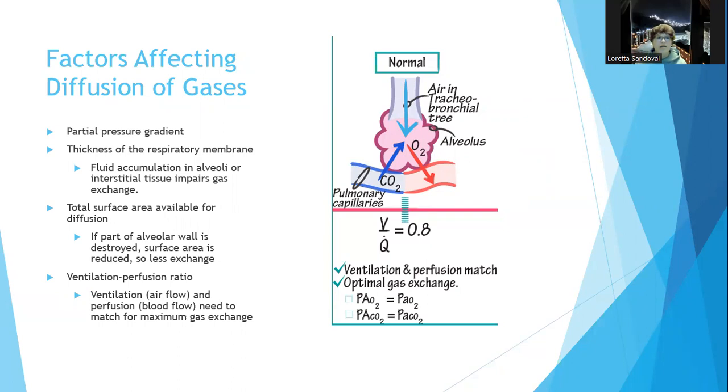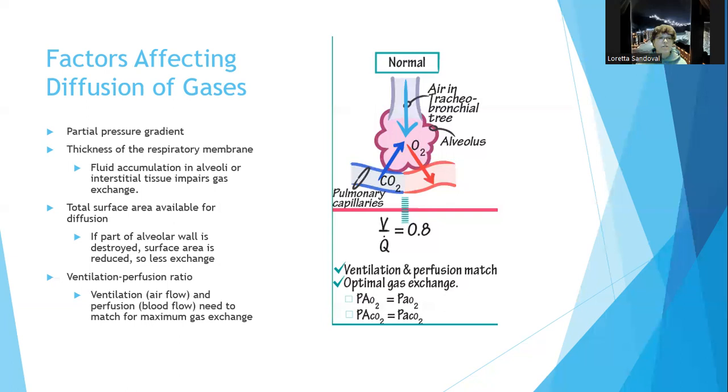The total surface area available for diffusion influences diffusion of gases. So if part of the alveolar wall is destroyed, like by contaminants or like smoking, or you used to work in an asbestos mine or something, the surface area is reduced, so you get less exchange.